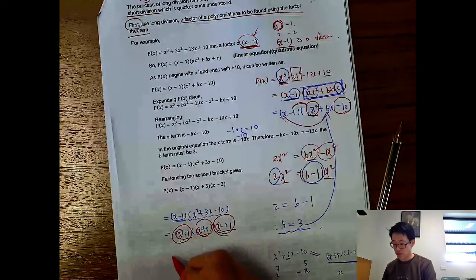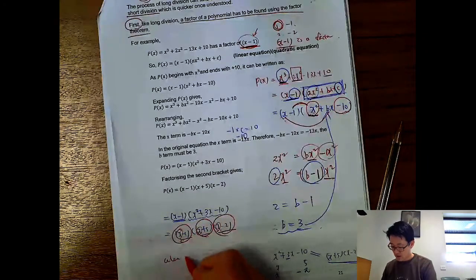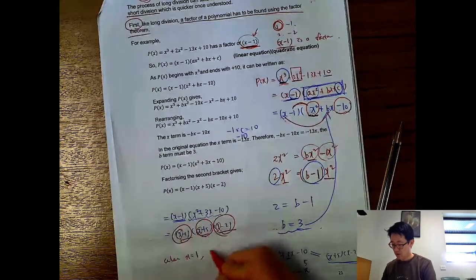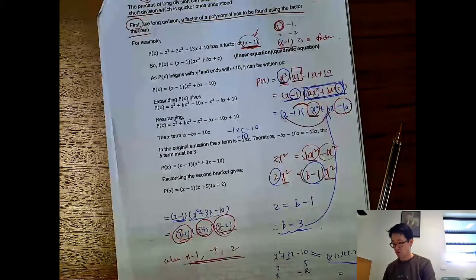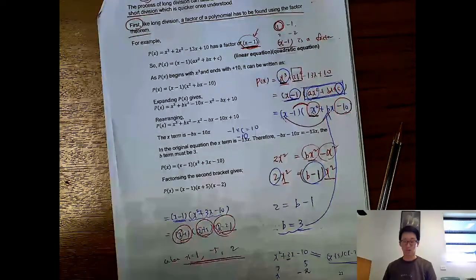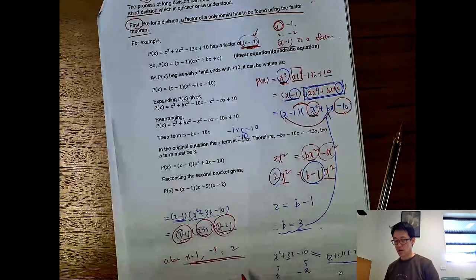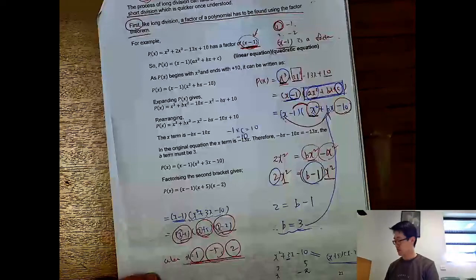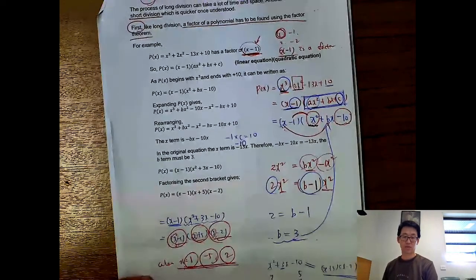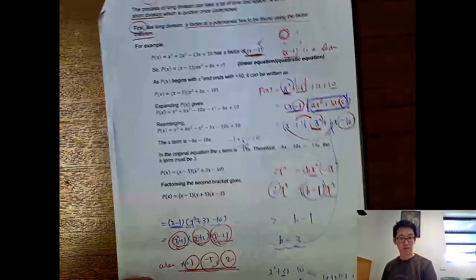Based on that, when x equals 1, minus 5 and 2, the remainder is going to be 0, or p(x) is going to be 0. There are 3 roots, 3 answers, or 3 x-intercepts.